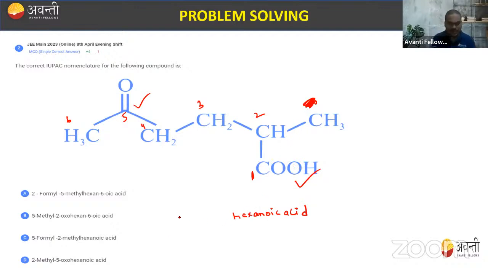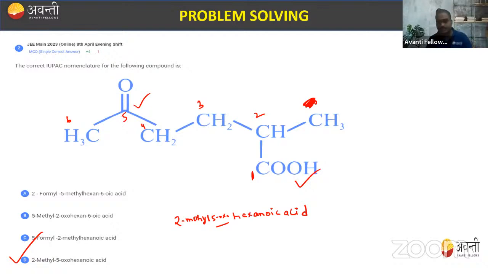So at 2 we have a methyl, that is 2-methyl, and at 5 we have oxo, because whenever a ketone is used as a substituent, we name it oxo. So the correct name is 2-methyl-5-oxohexanoic acid.